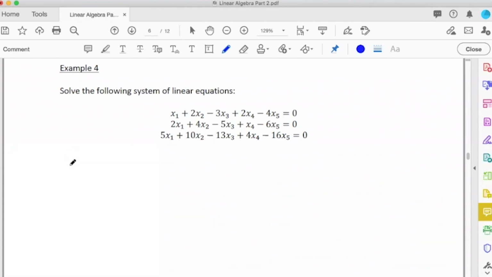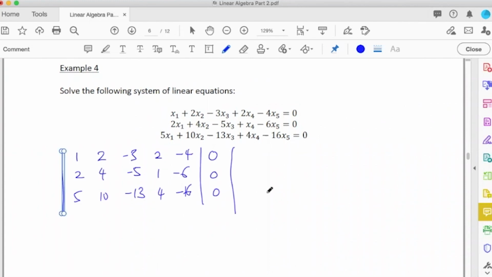If you put it into matrix form, you will have this form. With this form, we want to change it into REF or RREF. We identify that this is our row 1, this is our row 2, and that is our row 3.